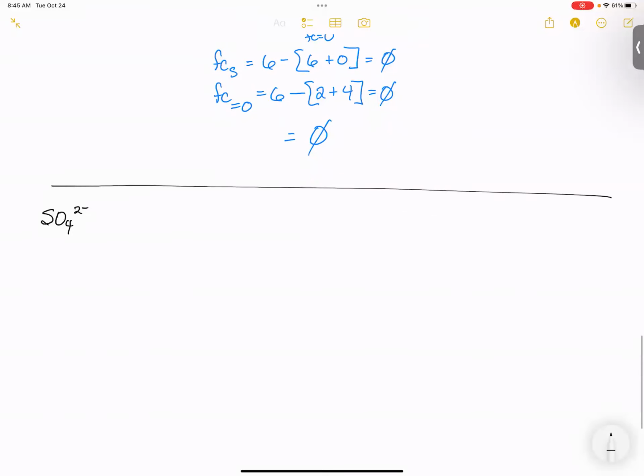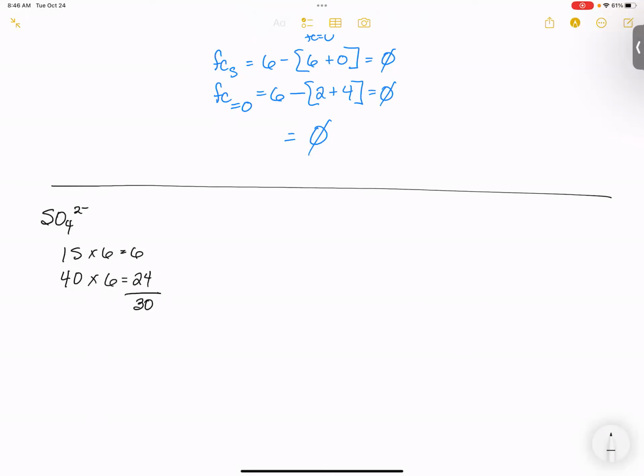Okay, so we have 1 sulfur, we have 4 oxygens. Sulfur's in group 16, the last digit is 6, so it has 6 valence electrons. Oxygen's in group 16, the last digit is 6, so it has 6 valence electrons. The sulfur contributes 6, the oxygens contribute a total of 24, for a current total of 30 electrons.